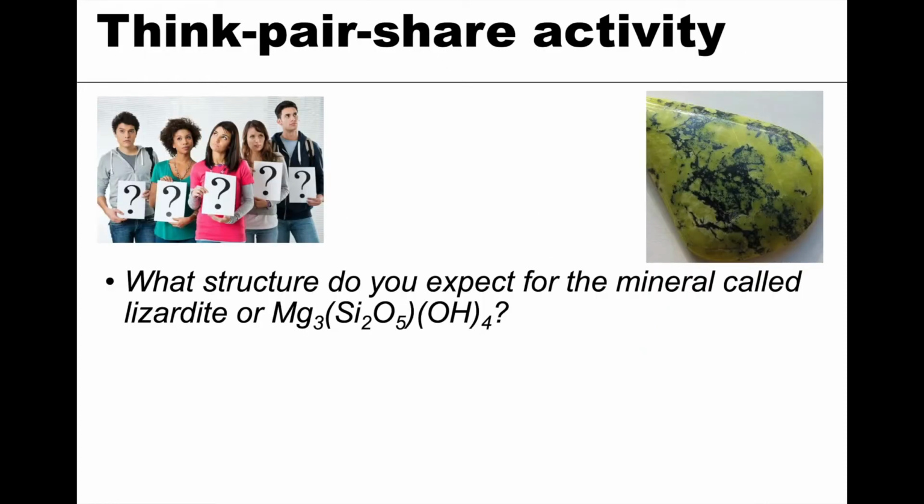All right, so let's take a look at one of these materials and see if we can predict the structure based on the oxygen to silicon ratio. This is a mineral named Lizardite. I thought it was a funny name, so I put it on here as an example. This is the stoichiometry of the compound Lizardite. Taking this information, see if you can use table 3.4.